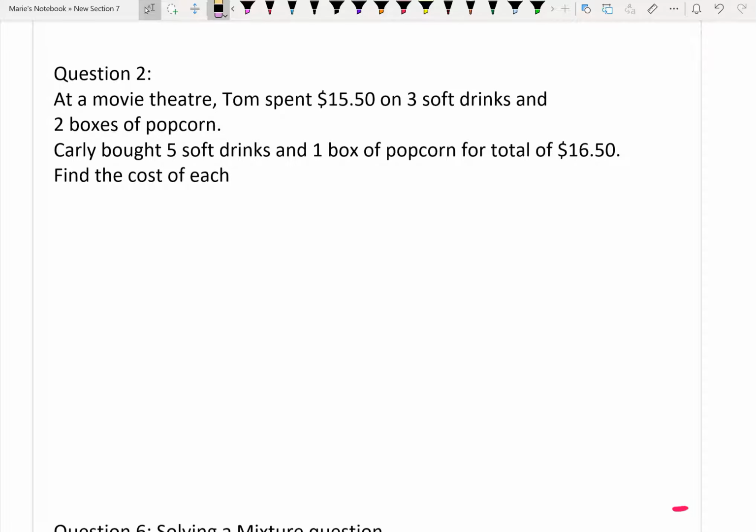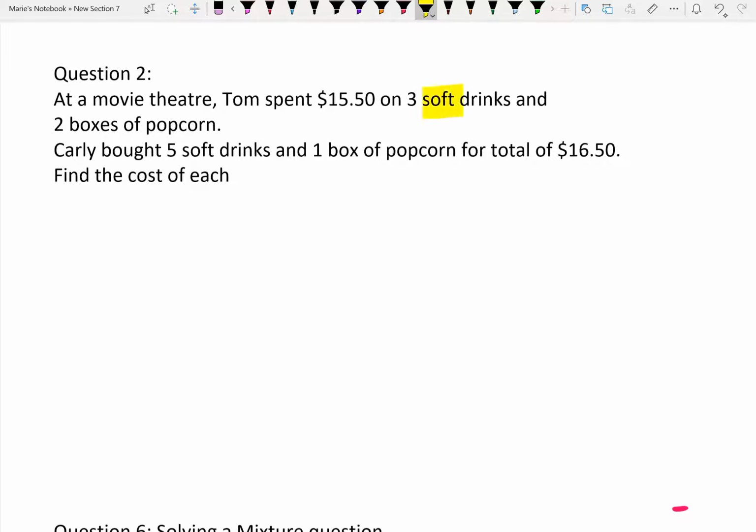At a movie theater, Tom spent $15.50 on 3 soft drinks and 2 boxes of popcorn. Another person by the name of Carly bought 5 drinks and 1 box of popcorn for a total of $16.50. Find the cost of each. So again, step 1, identify your variables.